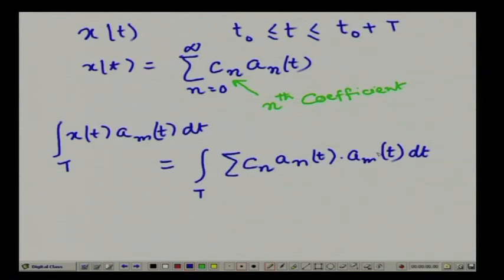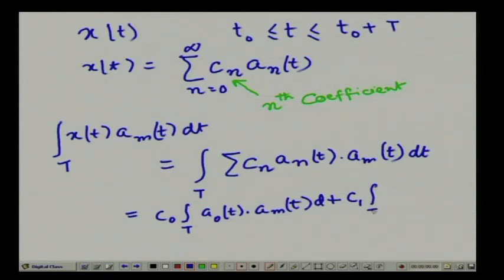Now, if I expand this, it will be of the form C 0 integration over capital T a 0 t into a m t dt, plus C 1 integration over the same interval capital T a 1 t into a m t dt, plus it will continue like this.